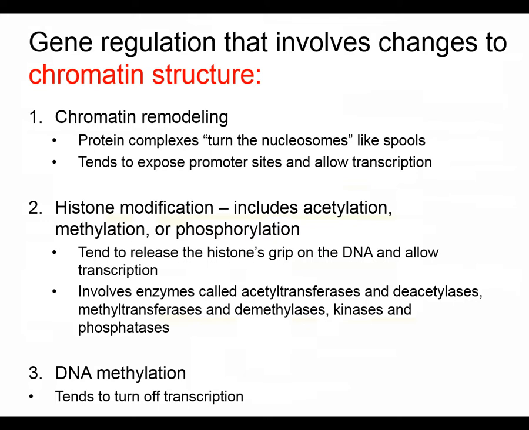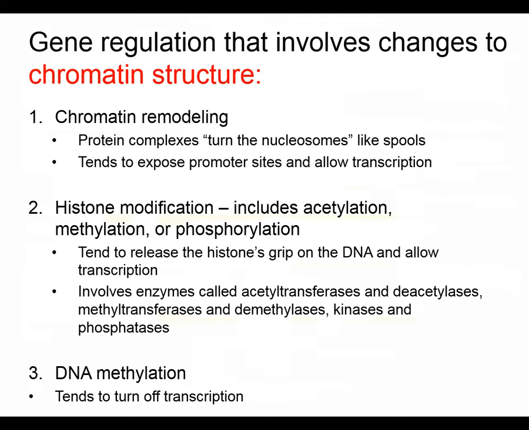You also have histone modification. Histone modification is also something that affects the octamer. Basically, the types of enzymes that are involved with this are called acetyltransferases and deacetylases, methyltransferases and demethylases, kinases and phosphatases.